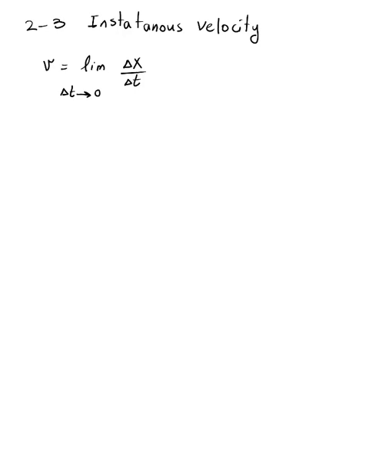In this expression, lim means evaluate the average velocity, delta x divided by delta t, over shorter and shorter time intervals approaching zero in the limit. This instantaneous velocity can be positive, negative, or zero, just like the average velocity.